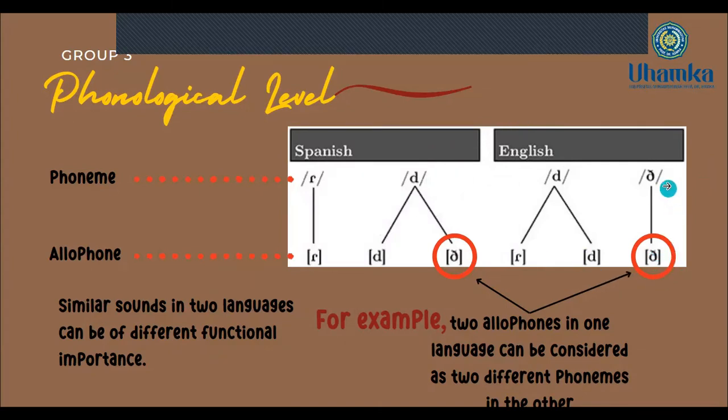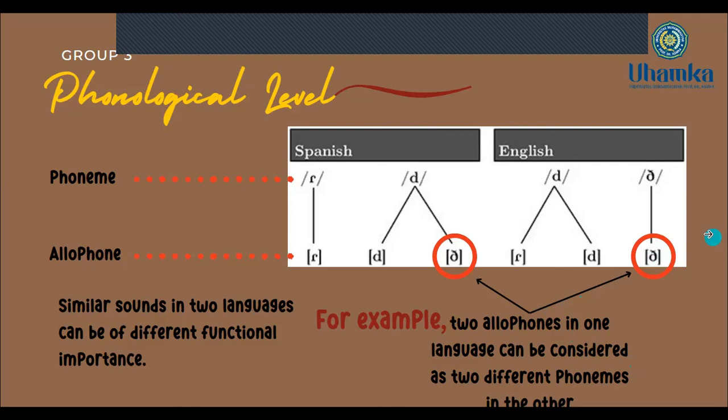So two allophones in one language can be considered as two different phonemes, as we can see from the picture.